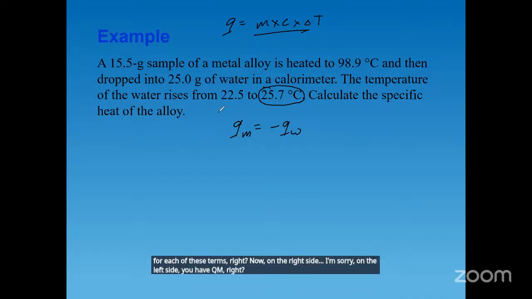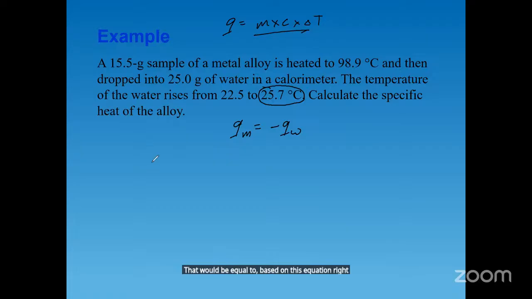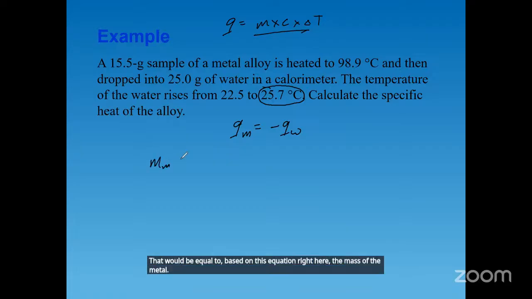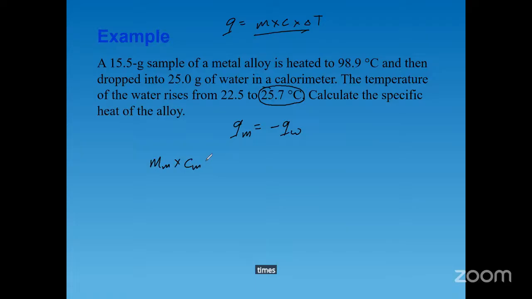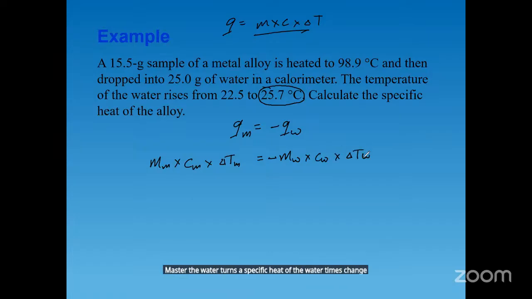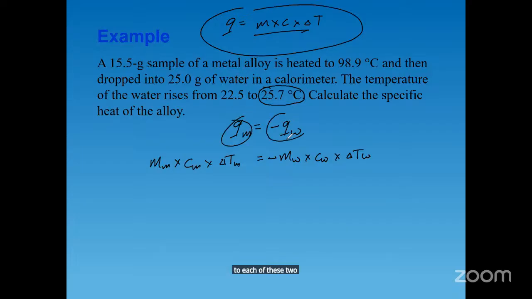That would be equal to, based on this equation right here, the mass of the metal times the specific heat of the metal times the change in temperature of the metal, right? That's on the left side, the Q_M. And then on the right side, I'm going to have minus mass of the water times the specific heat of the water times change in temperature of the water, all right? So that's the expression we get directly from applying this equation to each of these two terms here and here.